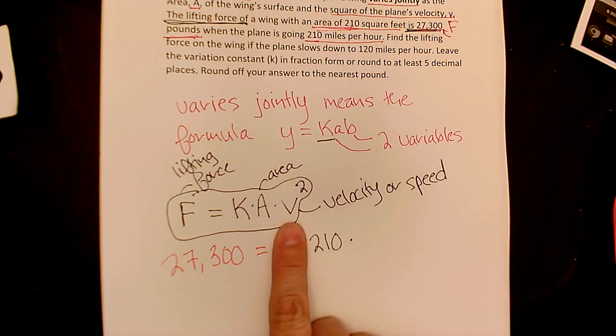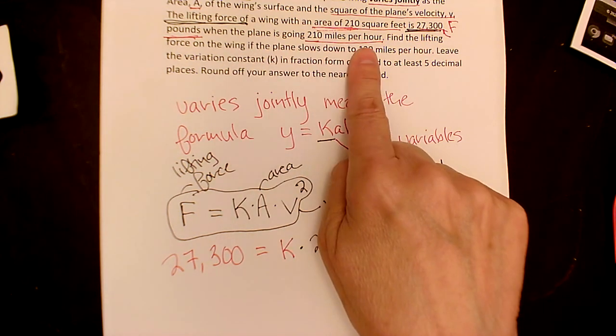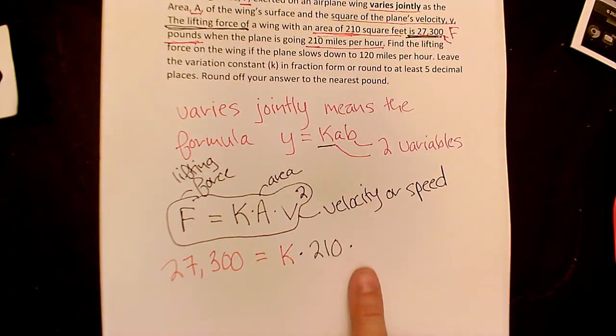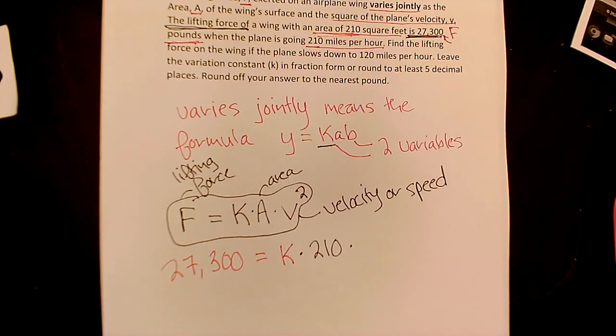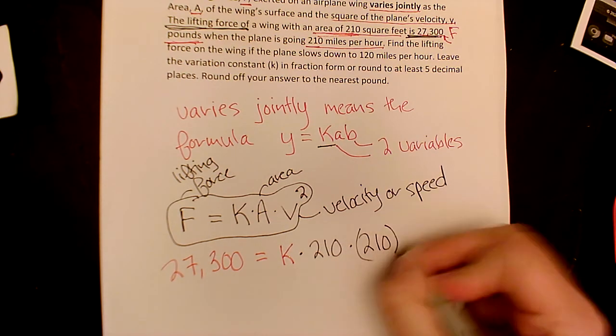Then I need my V and I need to square it. How fast is it going? The plane is going 210 miles per hour. So that's another 210 squared.